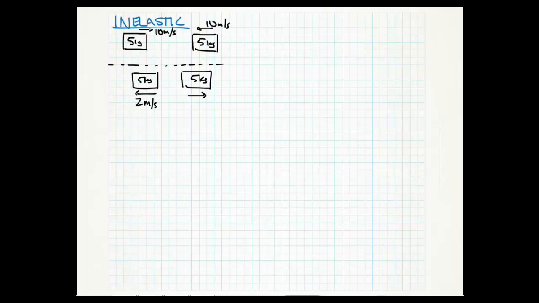So we know that the velocity of the center of mass here is 0. And one of the things we said was that the velocity of the center of mass does not change, so after they hit, I know that the velocity of center of mass also has to be 0. So in order to look at this, we have 5 times 10 plus 5 times negative 10 is equal to 5 times, this time -2, plus 5 times his final velocity.